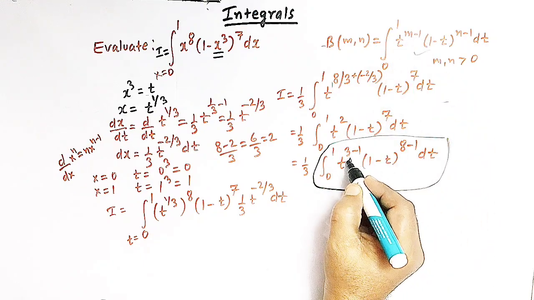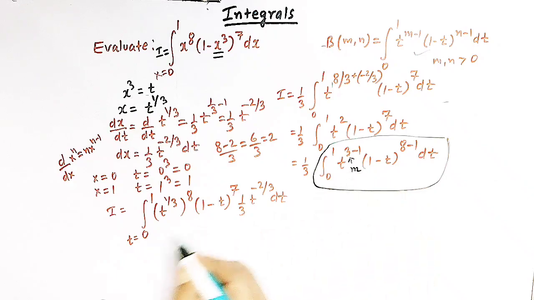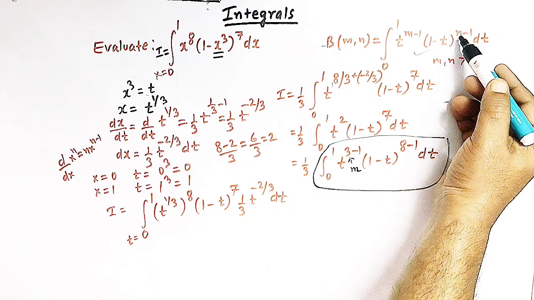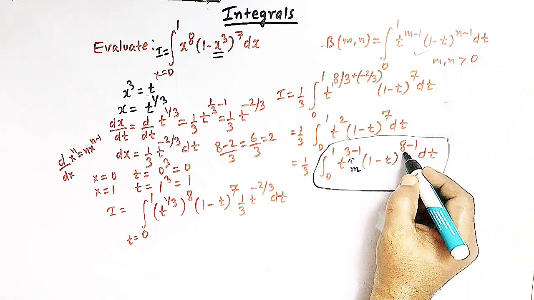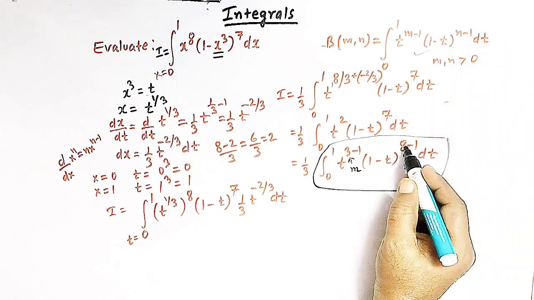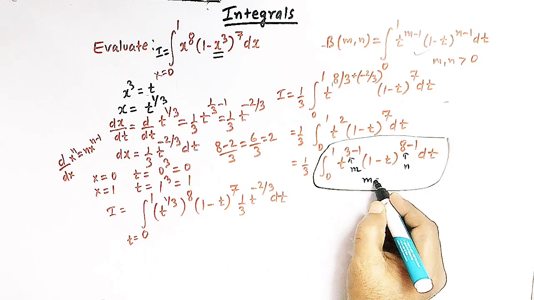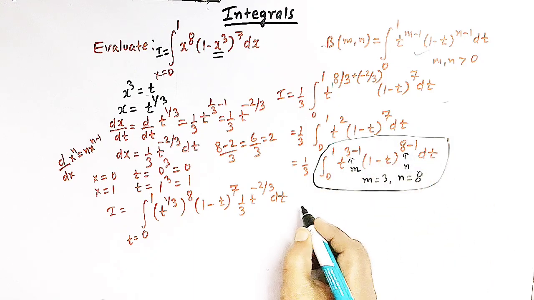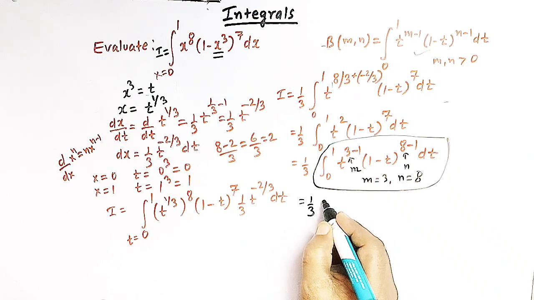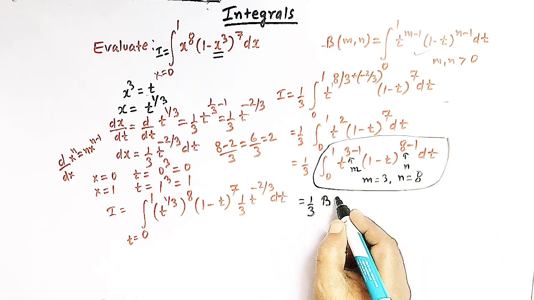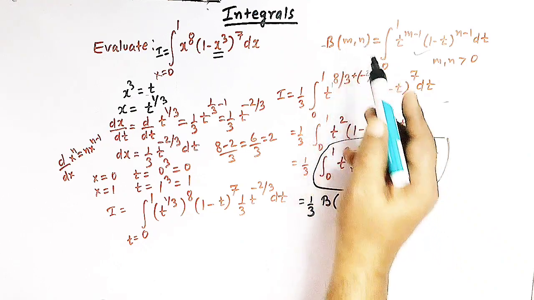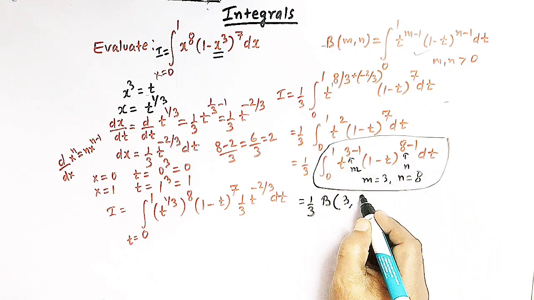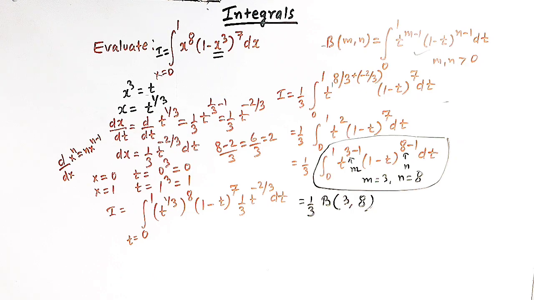So here the value of m is 3, and here we have (1 minus t) raised to n minus 1, and the value of n is 8. So m is 3 and n is 8. So this integral is now given by the beta function, that is beta of m comma n, where m is 3 and n is 8.